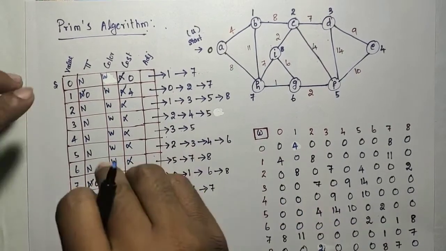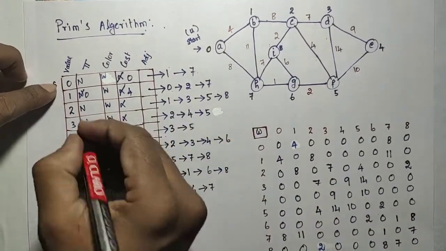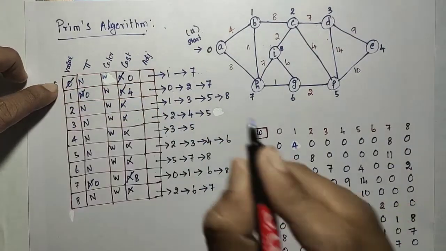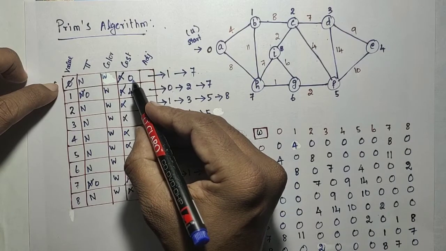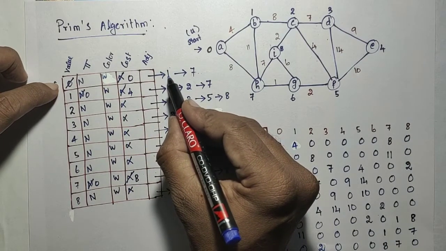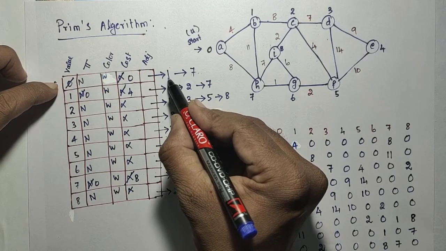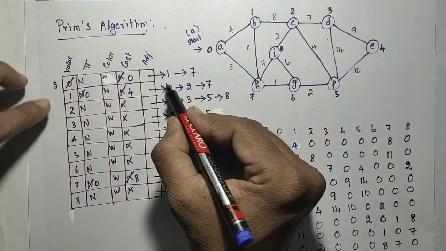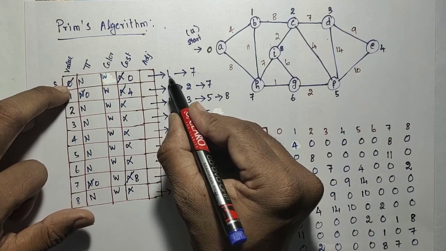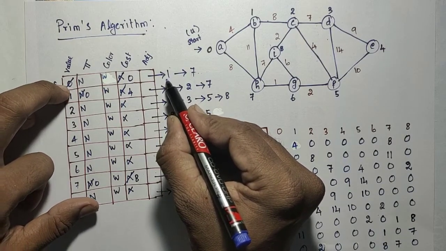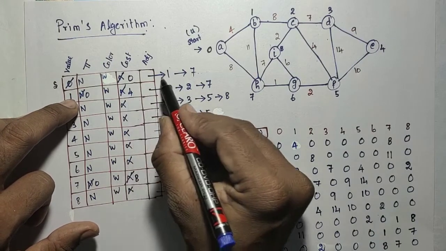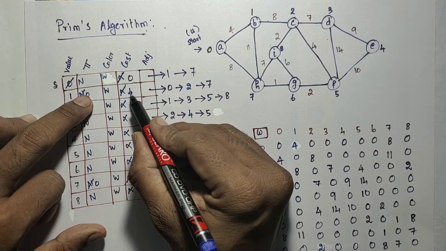So what you need to do is extract the minimum. Which one have you extracted? That 0 is extracted. Then you look at the adjacency list one by one. If that adjacent vertex is not visited and the corresponding cost, 0 to 1, is less than that node's cost, which is infinity, update that cost and the parent.